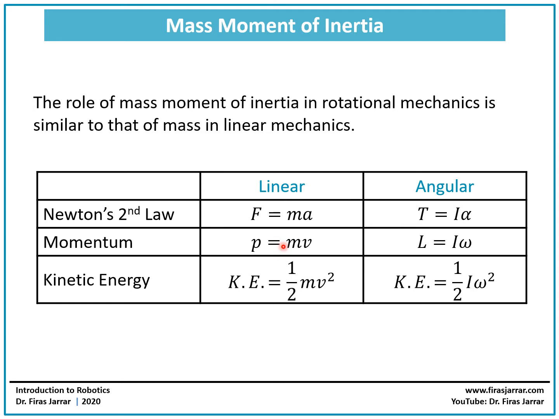Linear momentum is mass times speed. Angular momentum is the mass moment of inertia times angular speed. Kinetic energy in linear motion is half mv squared, whereas in angular motion it's half I omega squared. Again, omega is the angular velocity or angular speed.